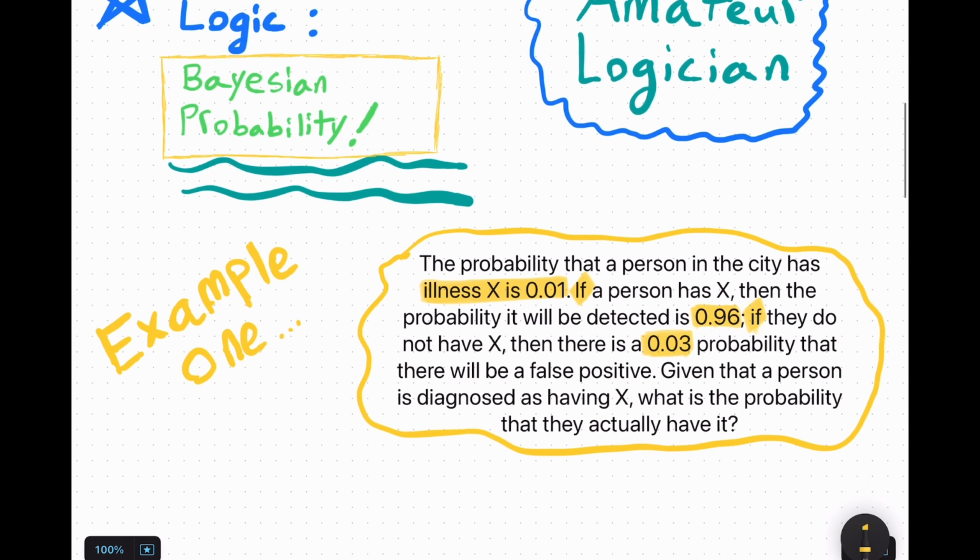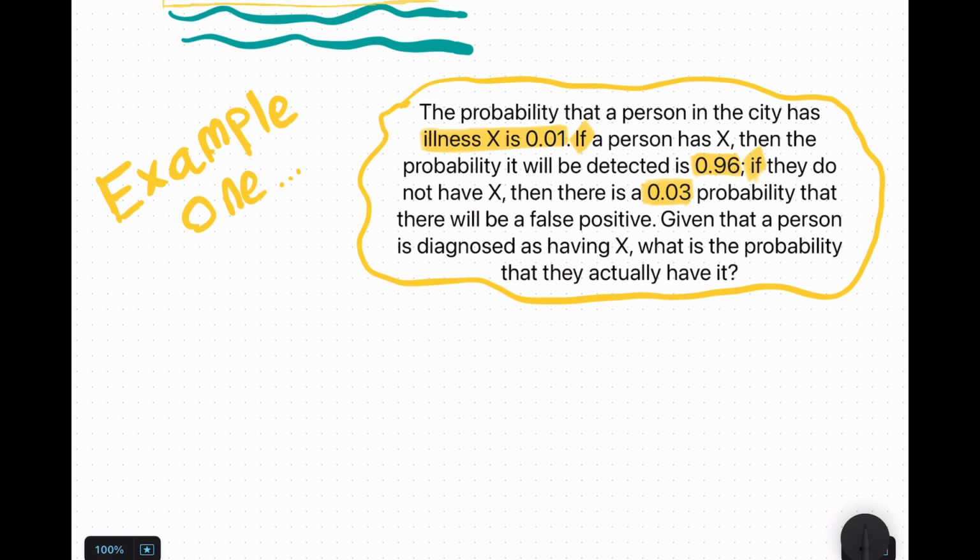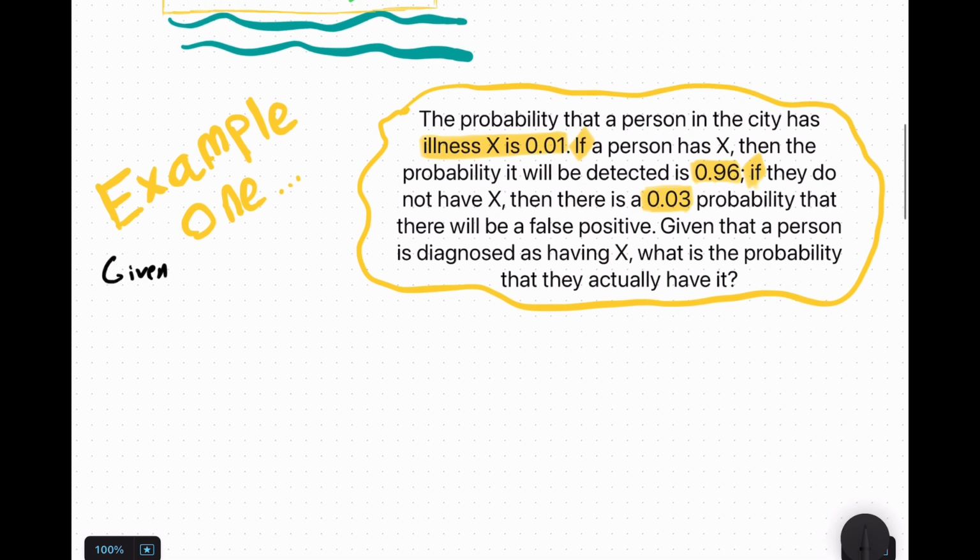So let's think about what is given first. We're given that the probability of a positive test given having illness X is equal to 0.96. Okay.